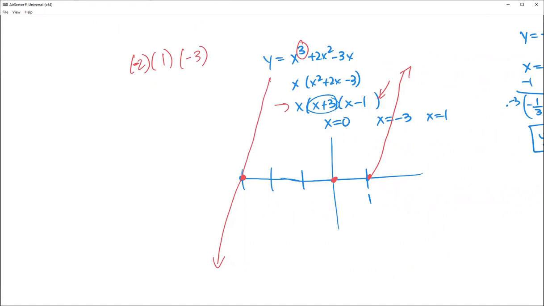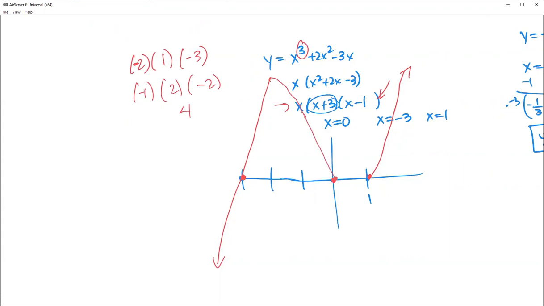And then 1, negative 1 is negative 1 times 2, right? Negative 1 plus 3 is 2, and then negative 2. So it will be positive 4. So it would be something like right here. And it looks like it's going to go down.